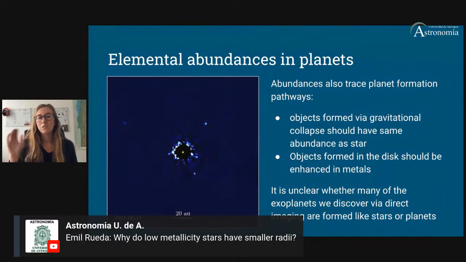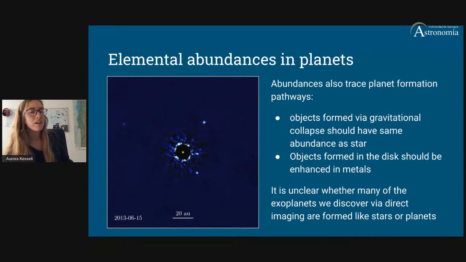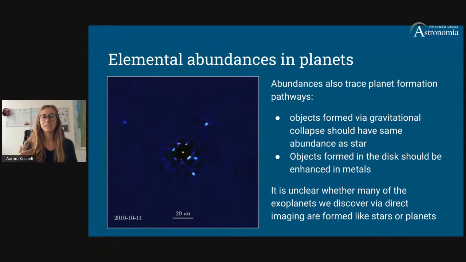Okay, so now I wanted to talk about how we can use abundances to learn about planets. So before I told you via this high-resolution cross-correlation technique, we found all of these different elements and molecules, but we didn't really talk about why this is important.